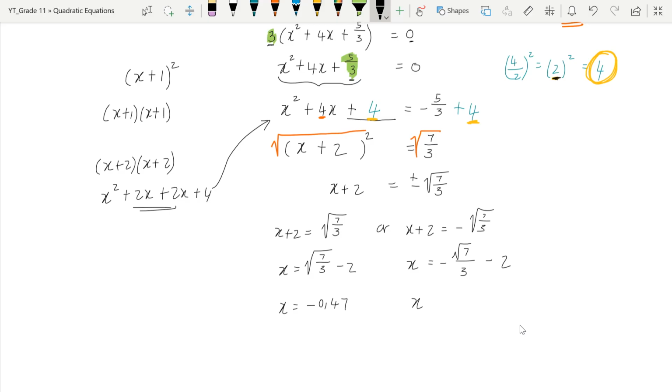But like I said, sometimes they say leave it in surd form. That's fine. Then you do that. And this one would be negative 3.53 rounded off to 2 decimal places. And there we solved for x by completing the square. Now try some of these on your own.